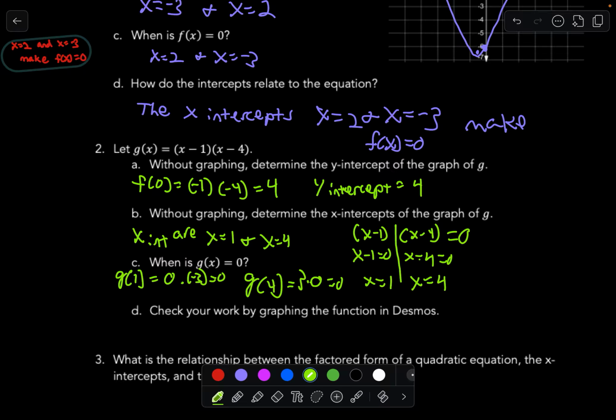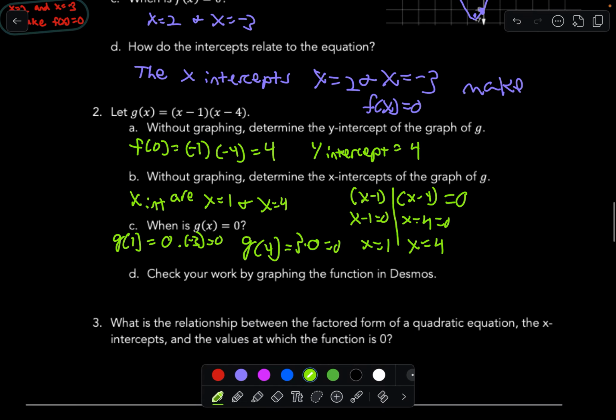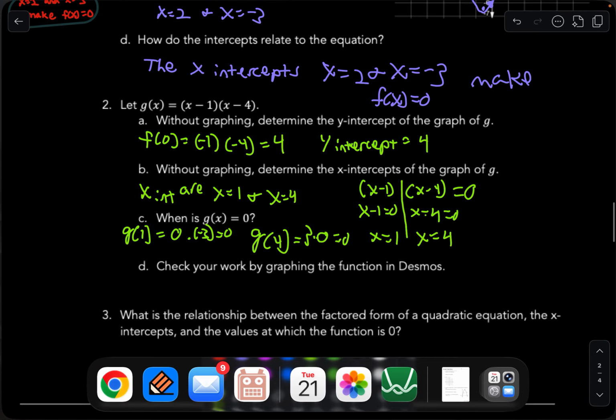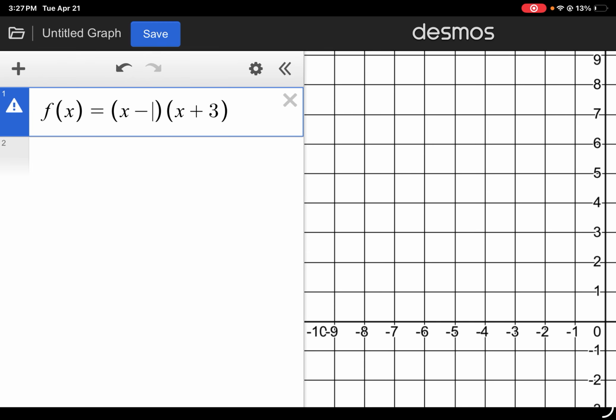Check your work by graphing the function in Desmos. X minus 1, x minus 4. Where's my Desmos? X minus 1, x minus 4.